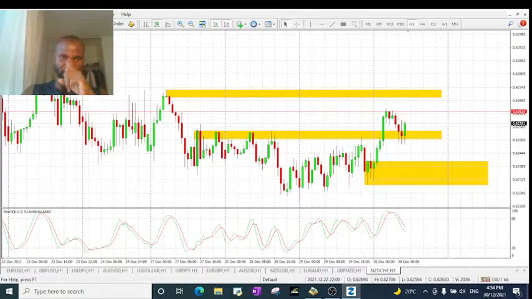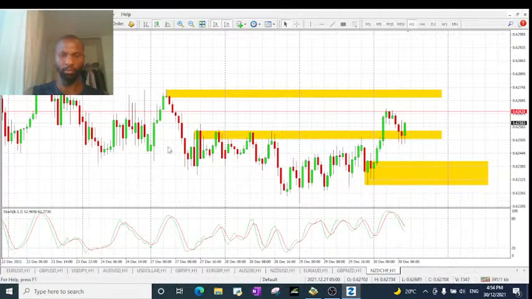Okay, interesting that in IC Markets the spread is 1.6 pips and FXCM is 5.3 pips. That's insane. How are you gonna make money trading with this type of spread? Yeah, so we might have something to work with if this candle closes bullish.